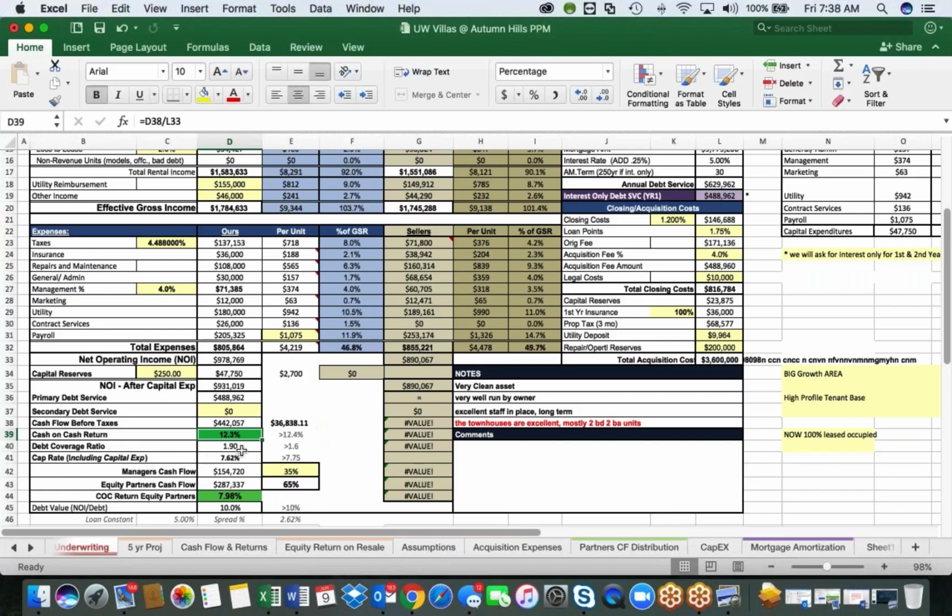And then debt coverage ratio, usually it should be 1.3 or 1.4. I look for 1.6. And then cap rate 7.62. Cap rate has been compressed now, and it depends on the area, the market, everything, right, Max? Yep. So this is just a rule of thumb.